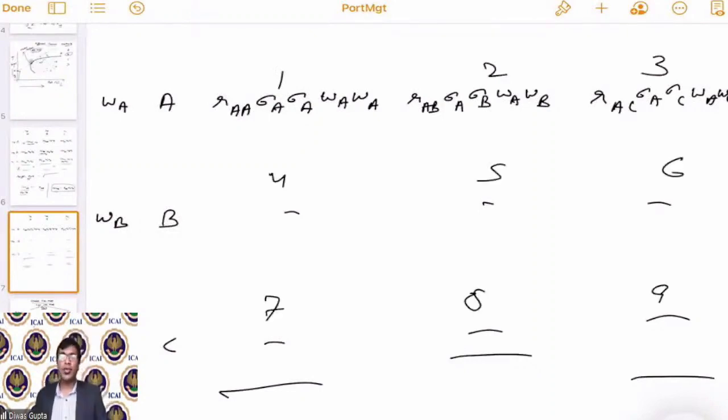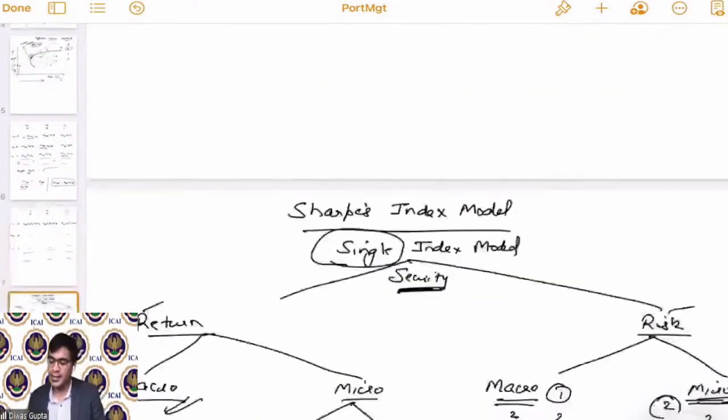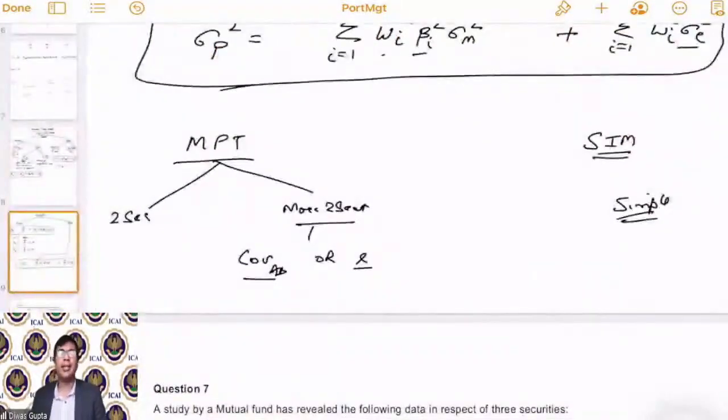For all this, you have to do the calculation, and for all of them, you first need to have the correlation coefficient in place. Correct? For all the combinations, you need to have correlation coefficient. Hence, this process is very complicated. On MPT, to simplify it, the need came for SIM, which is Sharpe's index model. I hope, Sairam, this question is answered.